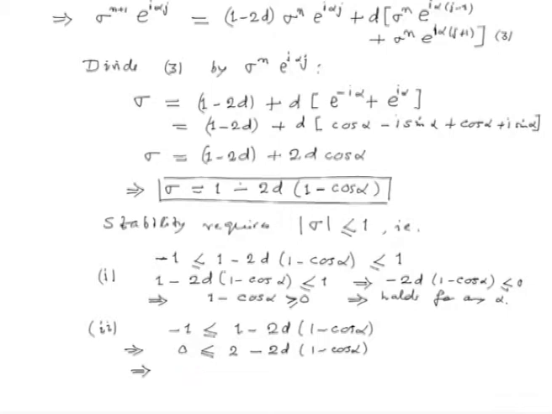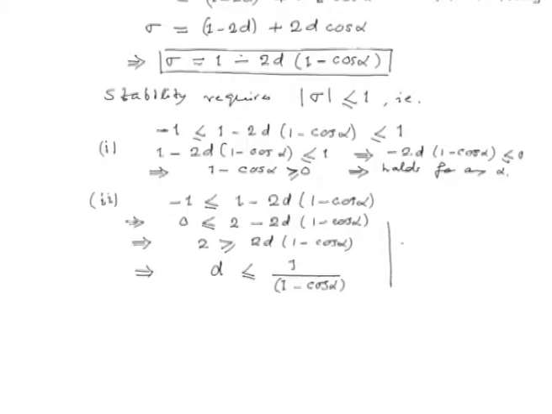Now this tells us 2 is greater than or equal to twice of d into 1 minus cos alpha, or we get d should be less than or equal to 1 over 1 minus cos alpha.